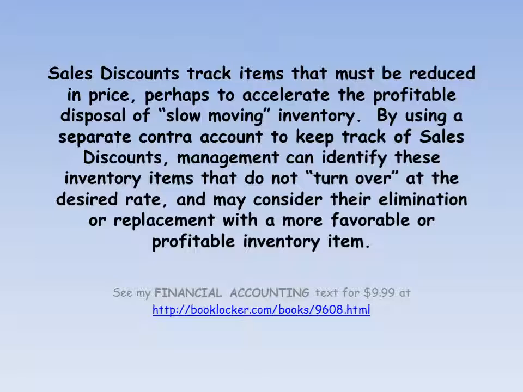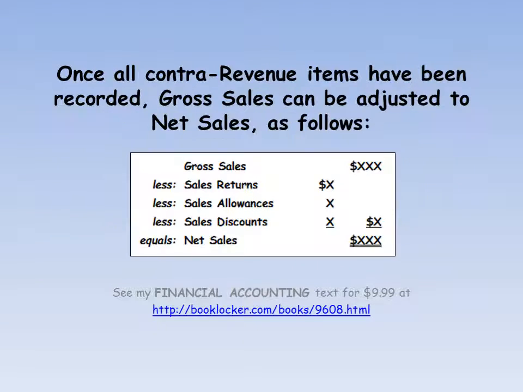So by using a separate contra account to keep track of sales discounts, management can identify inventory items that do not turn over at the desired rate, and they might even consider eliminating or replacing them with a more favorable or profitable inventory item.